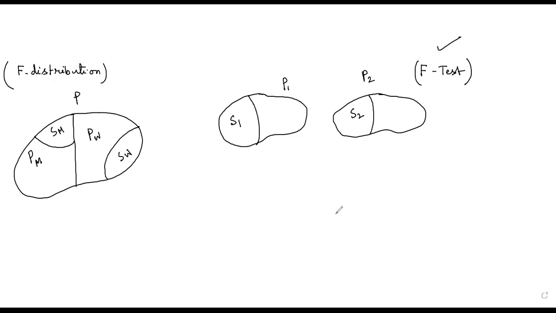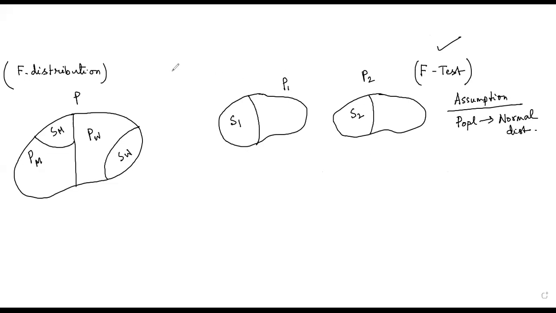Now, since we are doing parametric testing, every population follows some sort of probability distribution. Here our assumption is that our population is following a normal distribution. With this assumption, I draw samples from these two populations. Since the population is normal, it must have a population mean and a population variance.